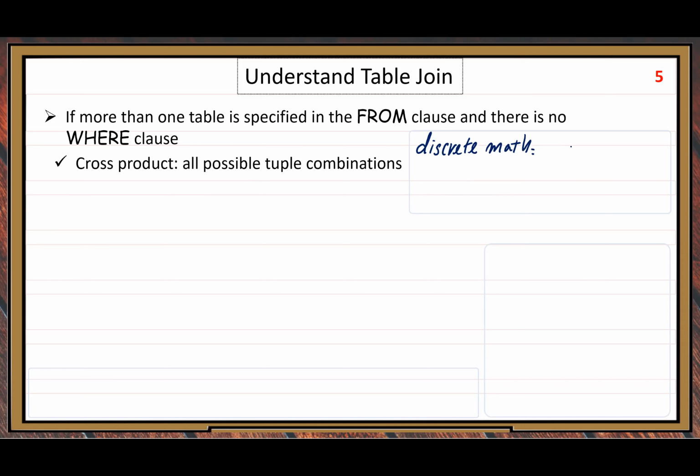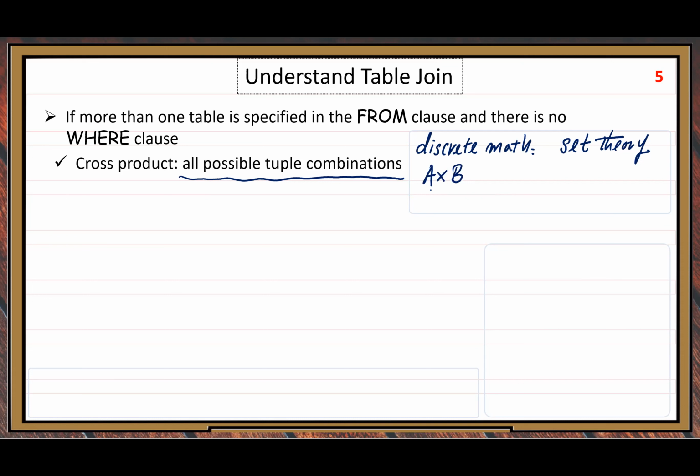In discrete math, there is a topic, set theory. In set theory, we talk about the cross product concept. Its meaning is all possible tuple combinations.